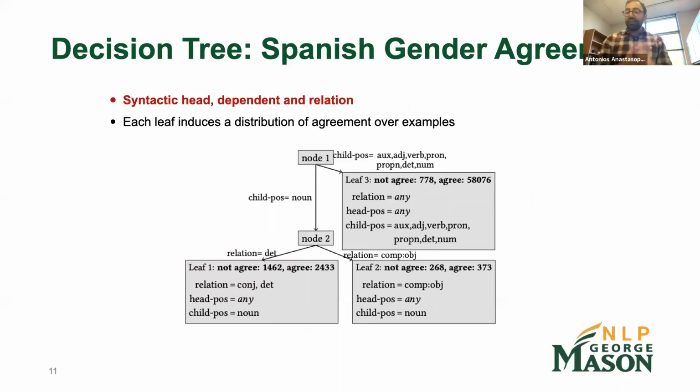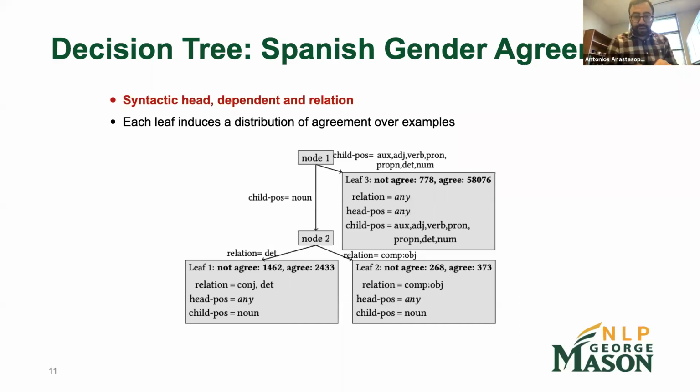It gives us a very small decision tree that says, if the part of speech tag of the child in the link is either an auxiliary verb or an adjective or a verb or a pronoun, and the relation is any relation, or the head part of speech tag is any, then there's very large agreement. So the decision tree would predict, yes, these things should agree.